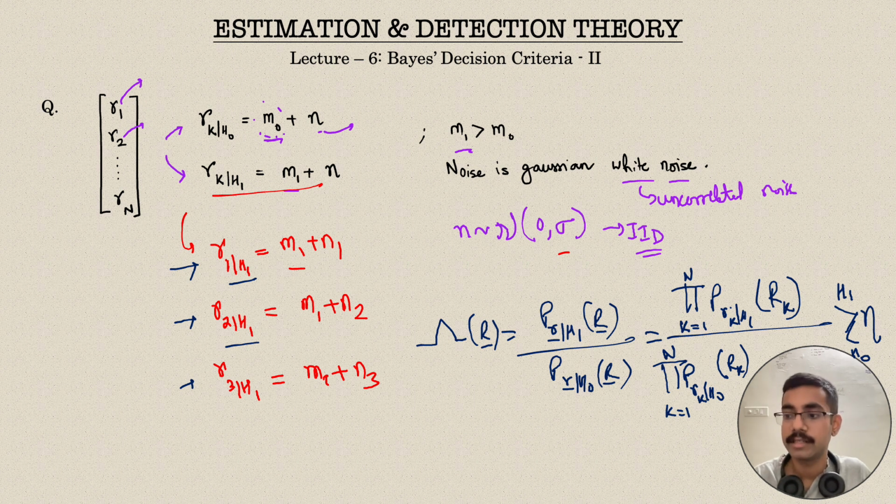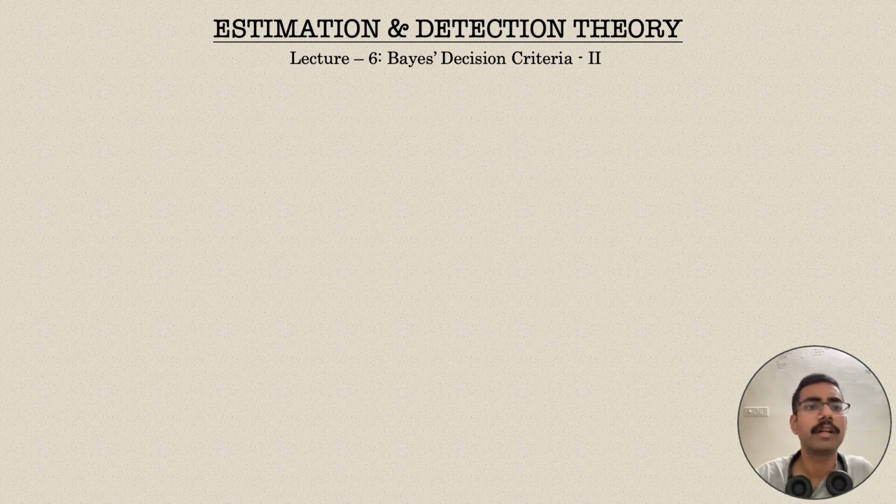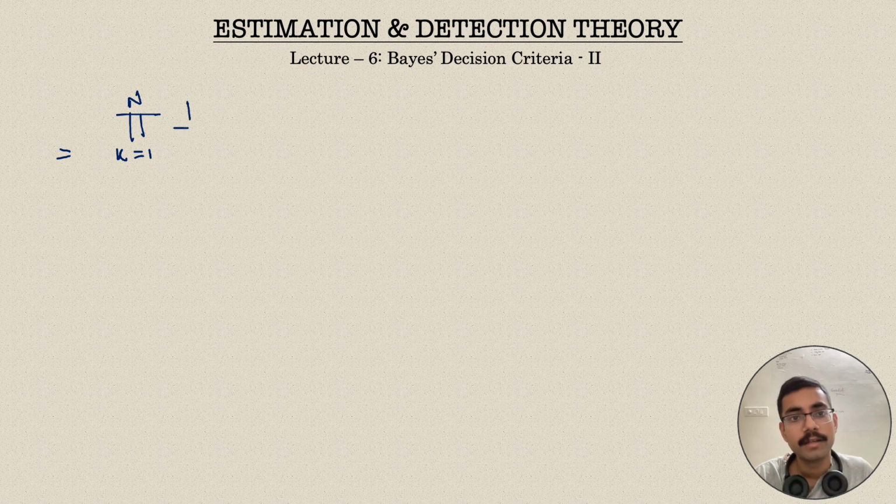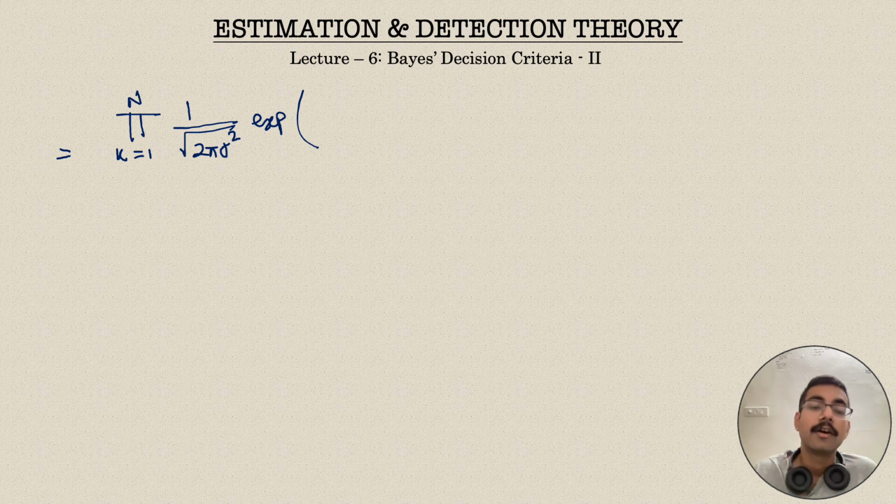Okay, so let's solve it. We are not left with much. If we multiply all of those expressions, we will have the Gaussian, that is 1 over root 2 pi sigma square, and exponential. As I said, all the signals under hypothesis H1 are being shifted by M1.